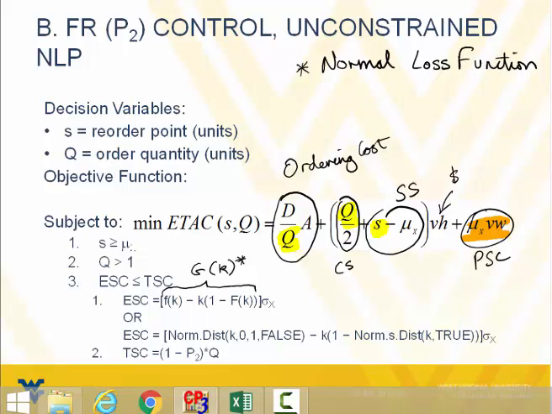Yes? Normal, this one here? Normal loss function. Normal for the normal distribution. This normal loss function can be easily written out in Excel using this function over here, where we have the normal distribution of k, which is the standardized value of the fill rate, and then you have to use, in this case, not the CDF, but the PMF, the probability mass function.